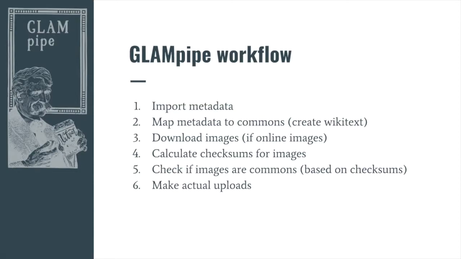You can process your data so that it fits Commons, and then you download images if they are not already on your computer. You calculate checksums for images, and then you ask if these files are already in Commons, and then you make the actual upload.